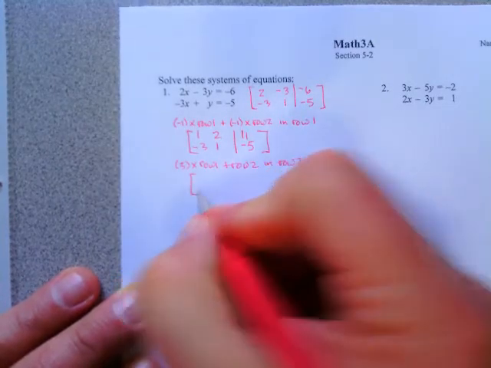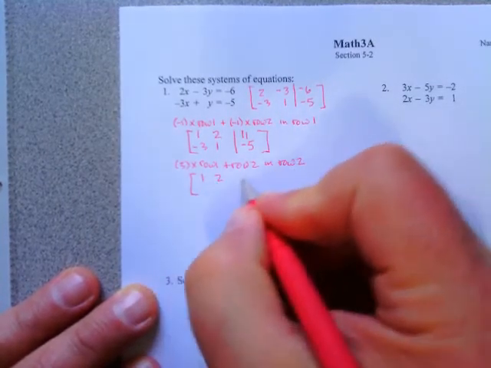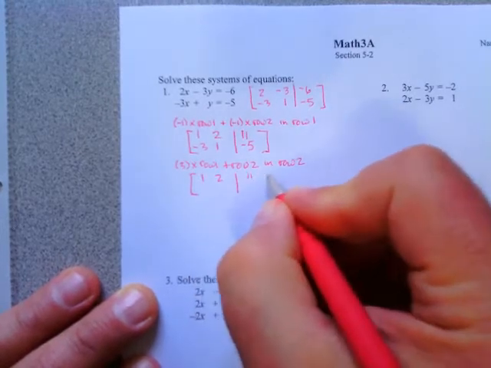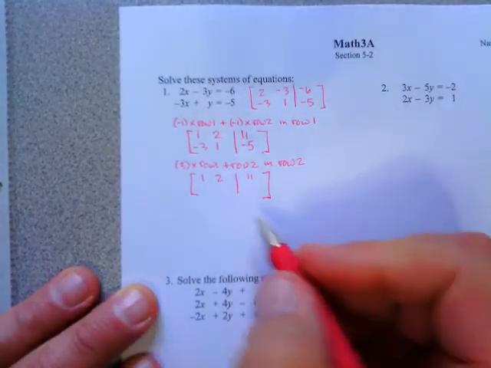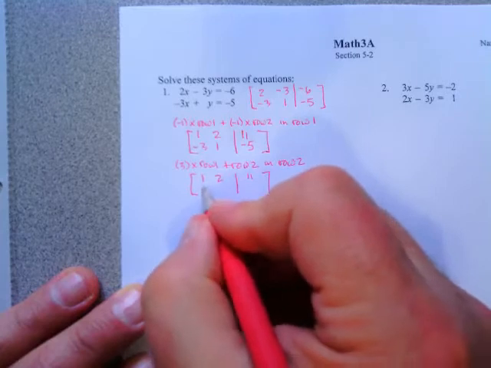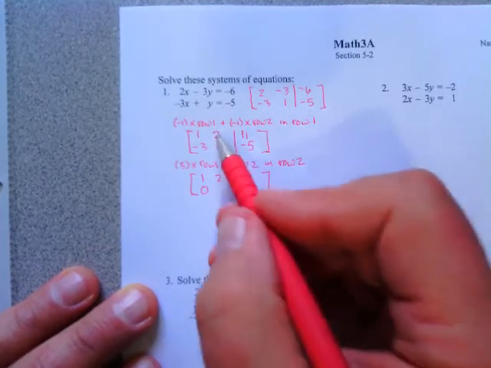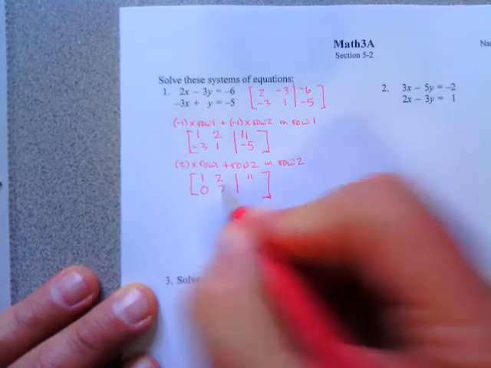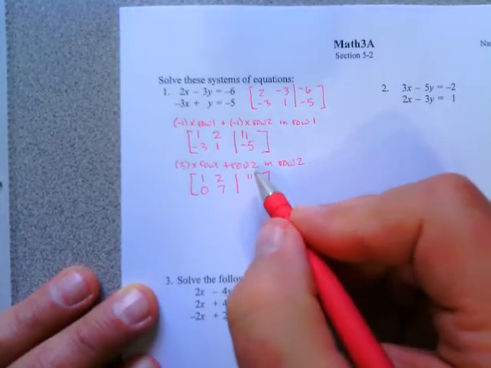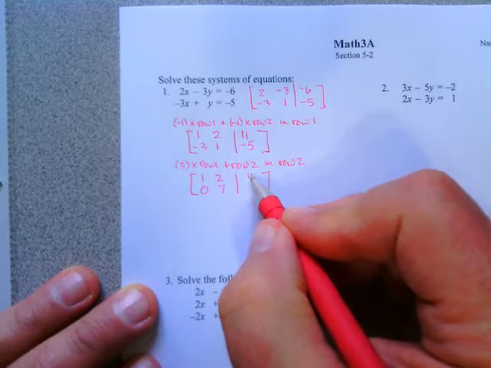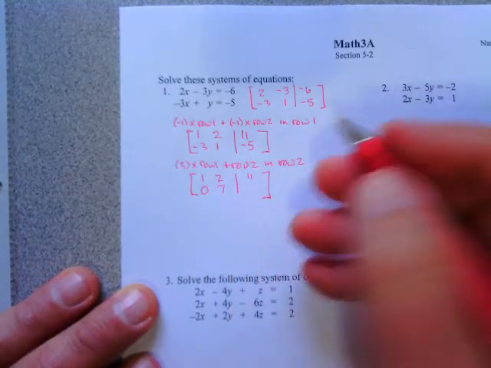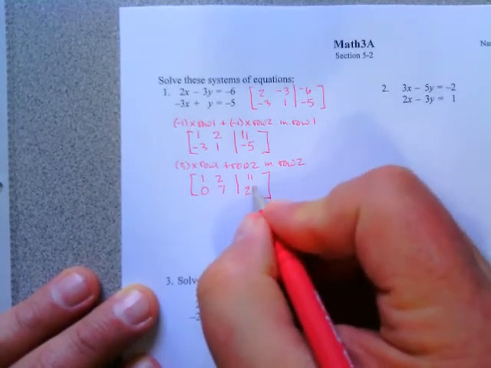Again, I'm not going to be changing row 1 at this point. So 3 minus 3 gives me a 0. 3 times the 2 is 6, 6 plus 1 is 7. 3 times the 11 is 33, 33 minus the 5 will be 28.